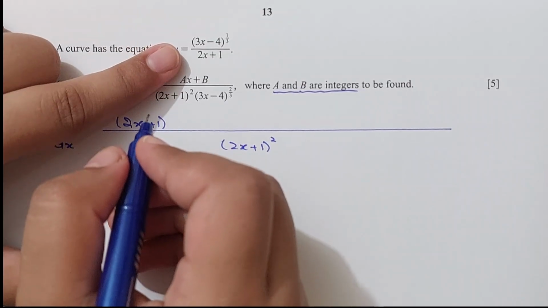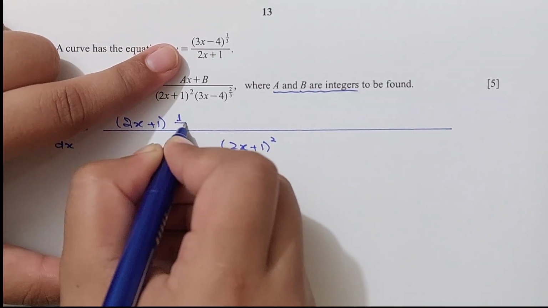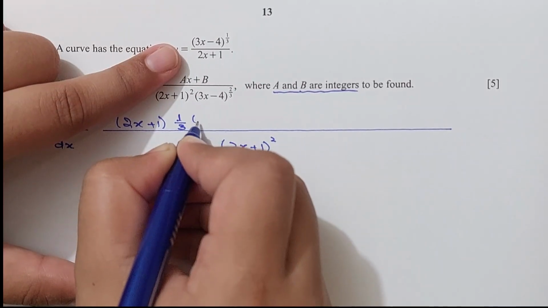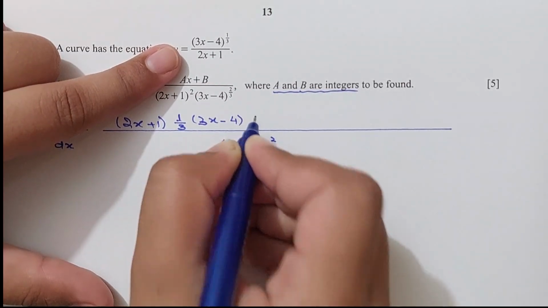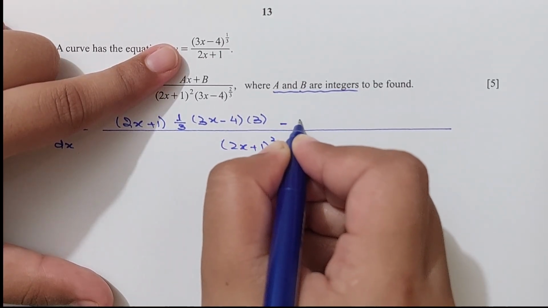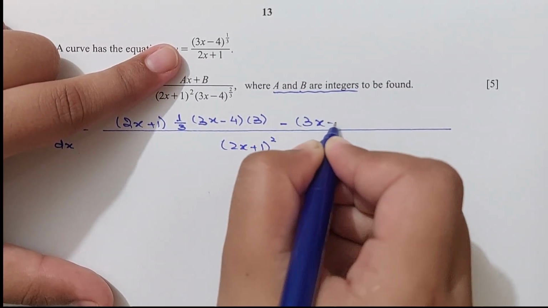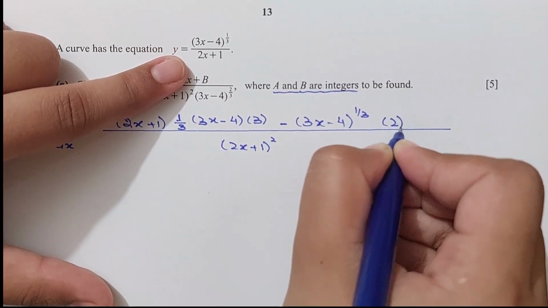So the derivative is the power rule we have to apply here, which is 1 by 3 into 3x minus 4, and the derivative of 3x minus 4 is 3, minus numerator function, which is 3x minus 4, its power is 1 by 3, derivative of denominator is 2.